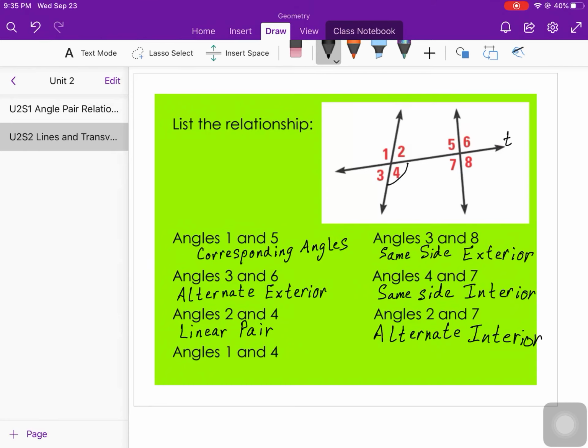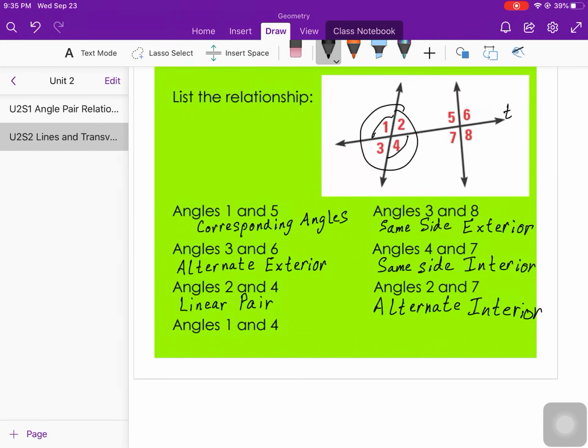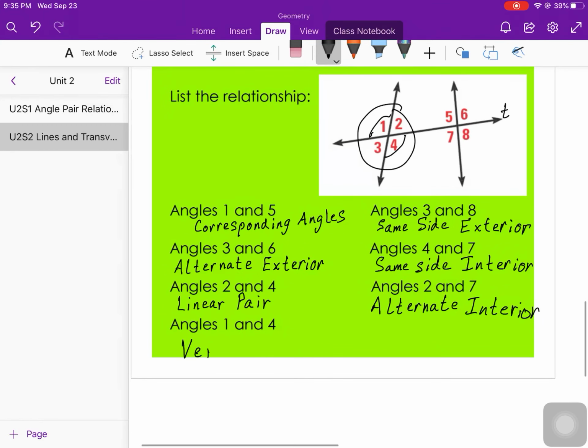So 1 and 4 are part of the same little cluster of angles. If it's the same grouping, it's not going to be one of the relationships that we learned above. Those are across from each other, and those are, if you remember from the first video, vertical angles.